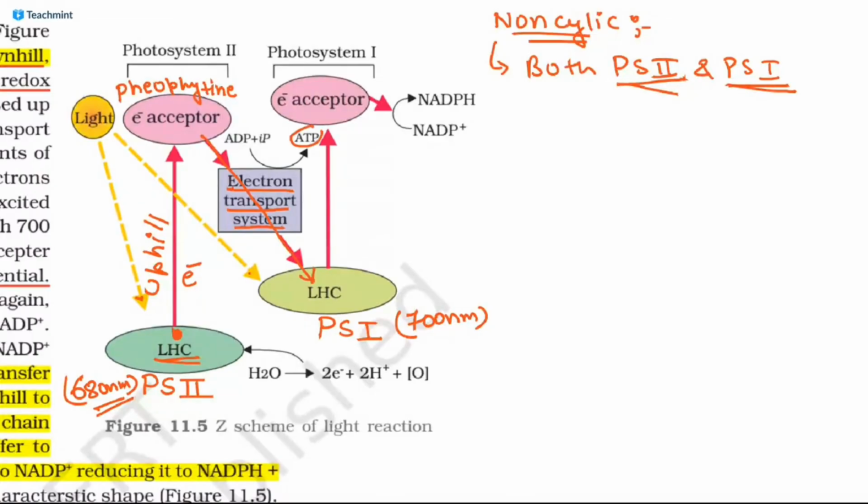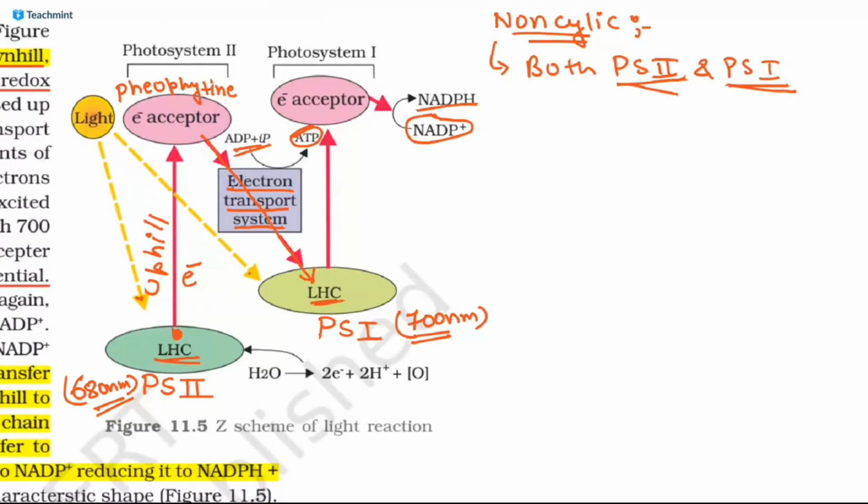With the help of the electron transport system, ATP is formed from ADP. Then the electron finally reaches the LHC, photosystem 1. Here the light of 700 nanometer will excite the electron, and the electron will go to the electron acceptor. From here, it will go to NADP plus and form NADPH.